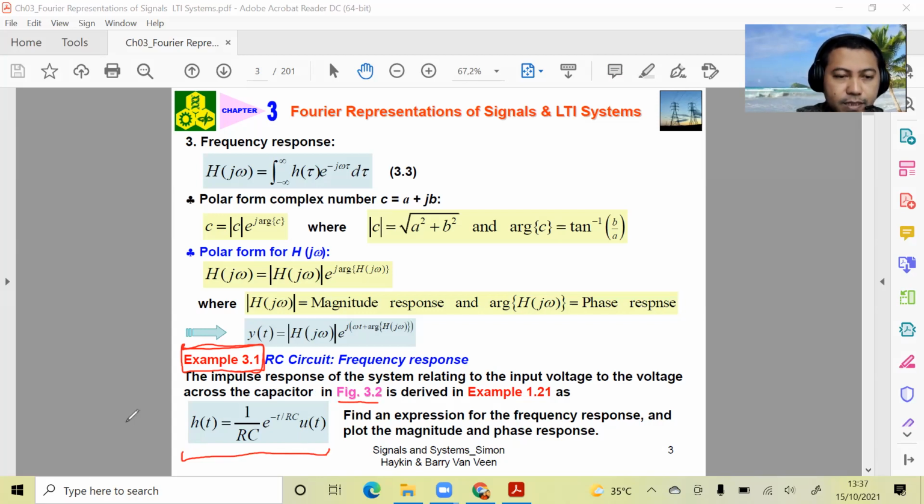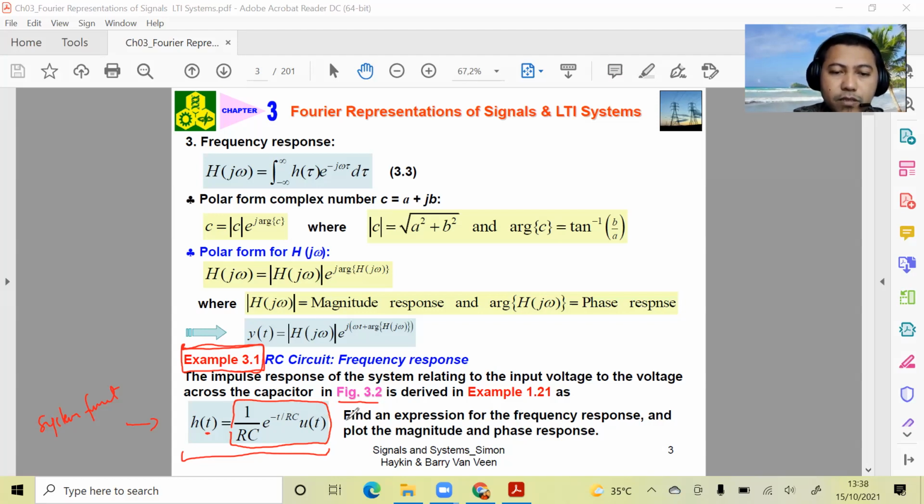This is the system function in time domain, because you can see here in t, and it has a mathematical expression: 1/RC e^(-t/RC) u(t).